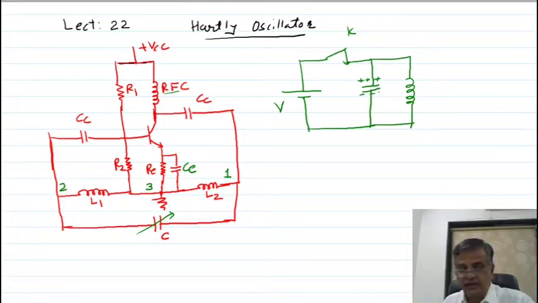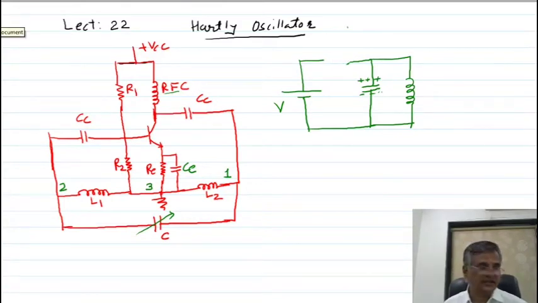As it gets fully charged, remove this key, meaning remove the battery, then this charge will oscillate in this circuit.